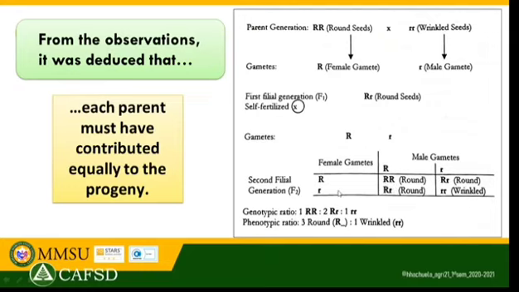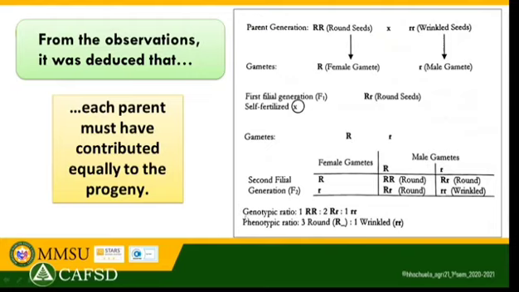And then, if we combine two recessive alleles, we produce a homozygous recessive individual with the phenotype wrinkled. If we count the genotypic ratio, we count one homozygous dominant genotype, RR, two heterozygous genotypes, and one homozygous recessive for wrinkled.